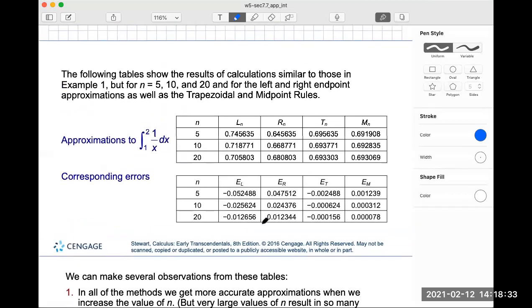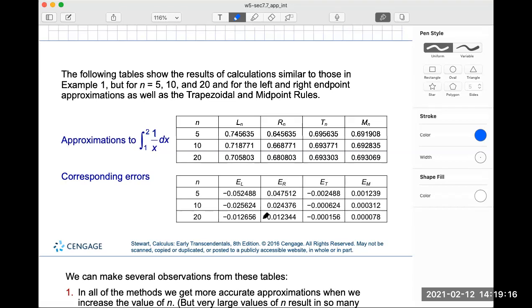And these are the two tables approximating this integral from 1 to 2 with different methods: the left hand rule, the right hand rule, trapezoidal rule, and the midpoint rule. We see that if we increase the number of rectangles, the result will come closer and closer to the exact number. Okay? And the corresponding errors of these approximations are given in this table.